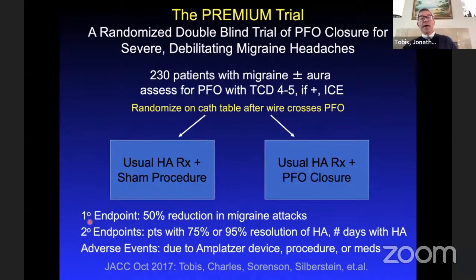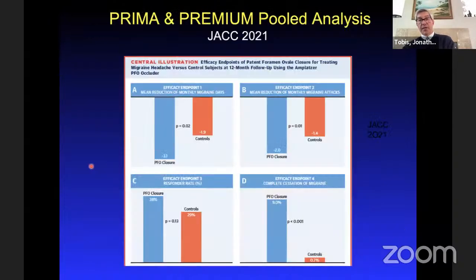The FDA required us to have a primary endpoint as a 50% reduction in migraine attacks, and that endpoint was not met. But the other endpoints were met in terms of frequency of migraine days, which is now the accepted criteria for a positive study.